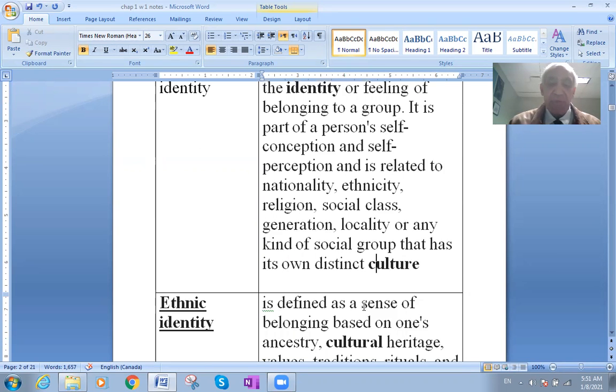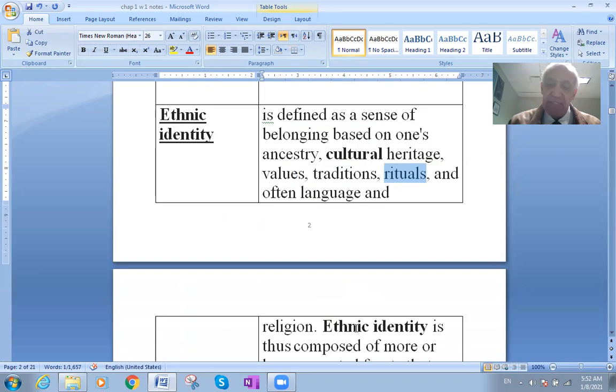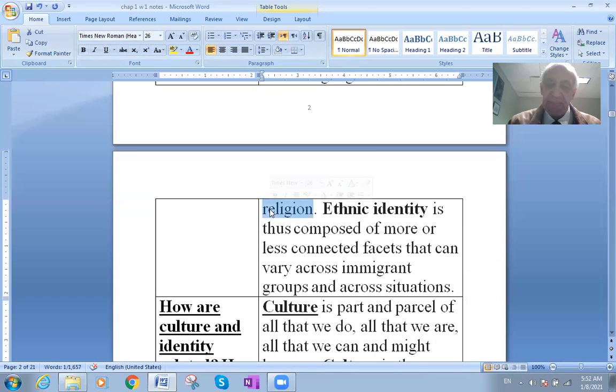So let's go to ethnic identity. We said we have identities for the culture. The first one of them is ethnic identity. It is defined as a sense of belonging based on one's ancestry, cultural heritage, values, traditions, rituals, and often language and religion.